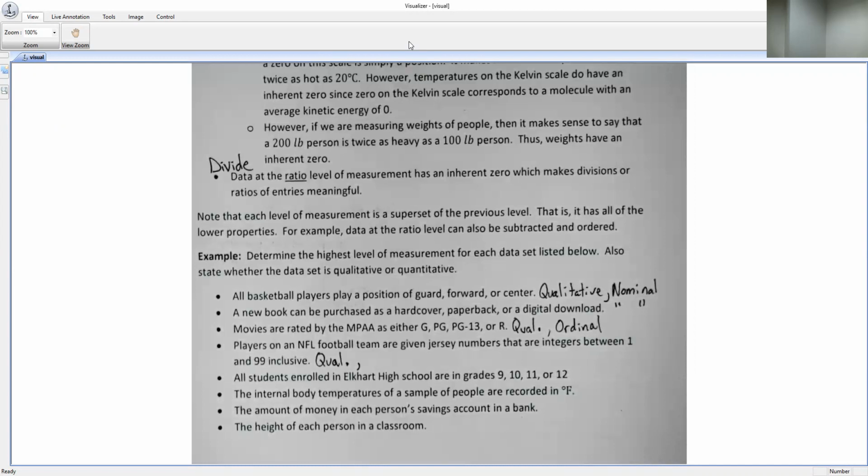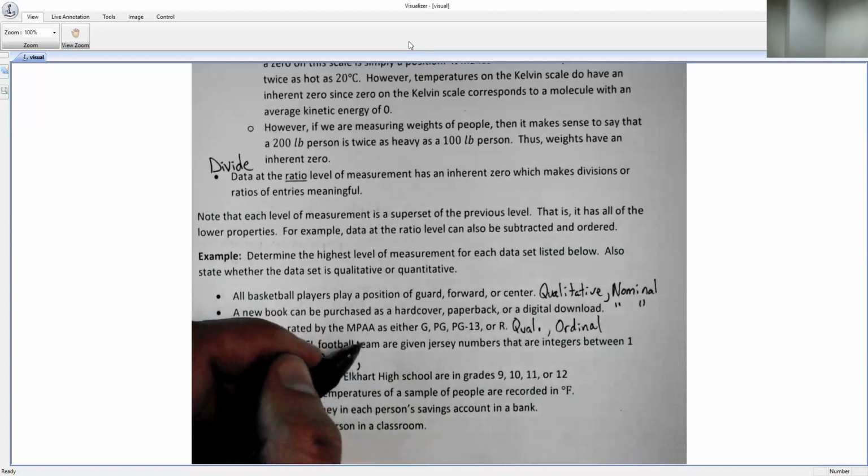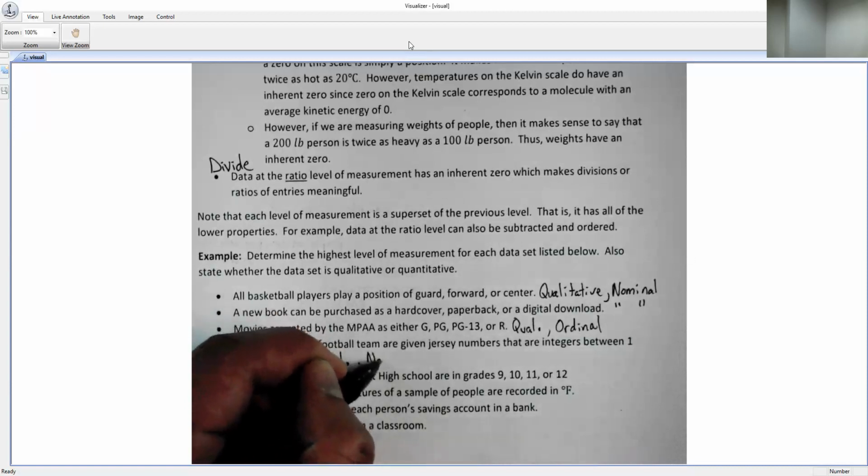But if we extend that to a basketball team where the jerseys don't really mean anything, they're just random numbers, they're just labels. Then we can see that you can't really put these in an order that makes sense. You could label them 1 to 99, but what does that do? Does that separate you by position or something? Probably not. So let's go with nominal here, that these are just names.